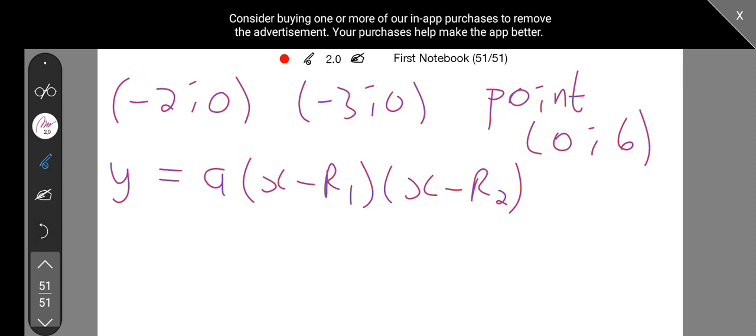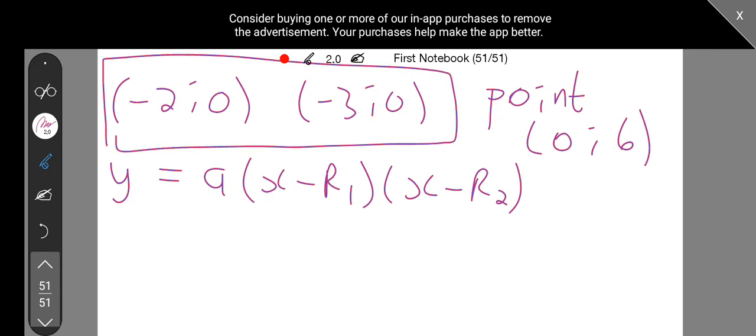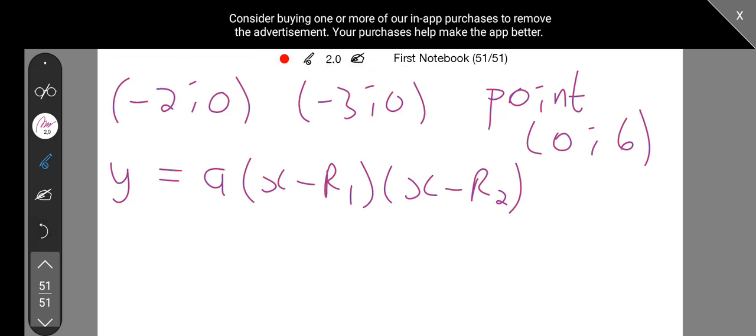So we're going to do it in this way. First of all, you start by substituting the values of r1 and r2. These are given from the two x-intercepts. To notice if something is an x-intercept or not, look for a y value of 0, because the coordinates are written as (x, y).